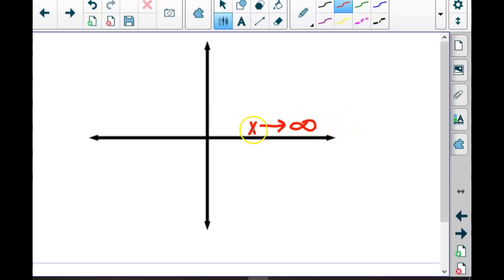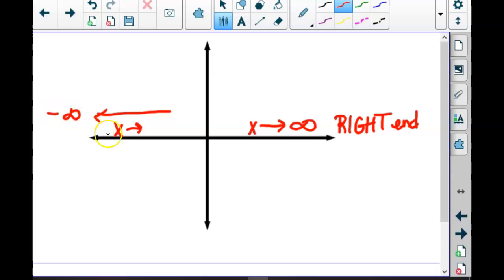So we're going to write infinity, okay? Now, x gets really big means the right end, the right side, right end, okay? Just the word right is fine. As you go off to the right, x approaches infinity. Now, if x is going this way, so x is approaching what as it goes off that way? Out here would be negative infinity.